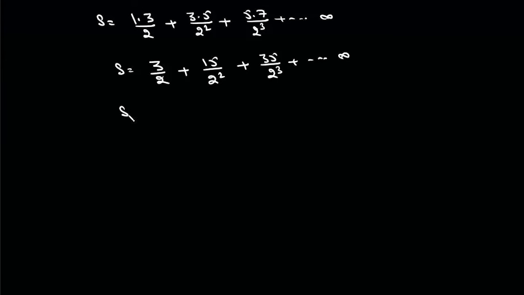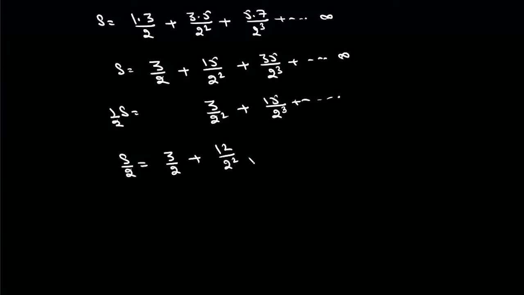Now we'll write this series once again, and we'll multiply it by its common ratio 1 by 2, and we'll displace this series by one term. So there will be 3 upon 2 square, 15 upon 2 cube up to infinite, and if we subtract, we'll get S by 2 as 3 by 2, and it will be 12 upon 2 square plus 20 upon 2 cube up to infinite.